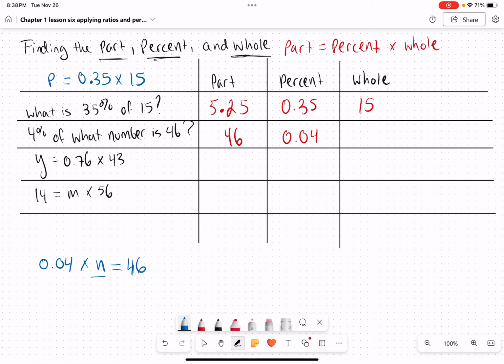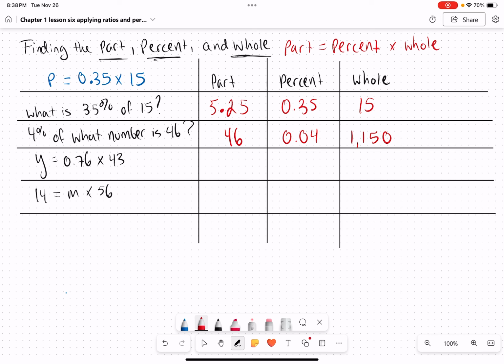What we're going to do is divide by 0.04, the inverse operation of the multiplication that's going on. 0.04 divided by 0.04 is just 1, so we're left with 1n. And 46 divided by 0.04 is 1,150. Let me just double check. 46 divided by 0.04. Yep, 1,150. So the whole is 1,150.